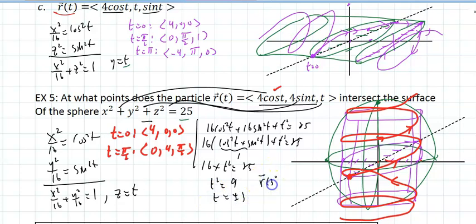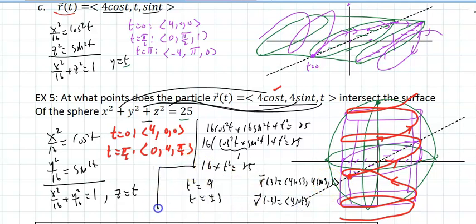R of 3, that would be 4 cosine of 3, 4 sine of 3, and 3. And R of negative 3, that is 4 cosine of 3. Cosine is an even function, it absorbs the negative. Negative 4 sine of 3 and negative 3.